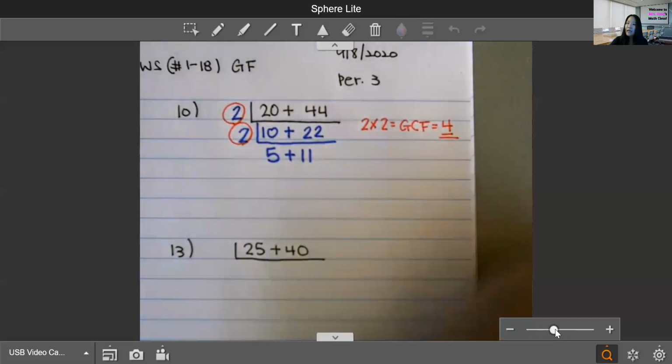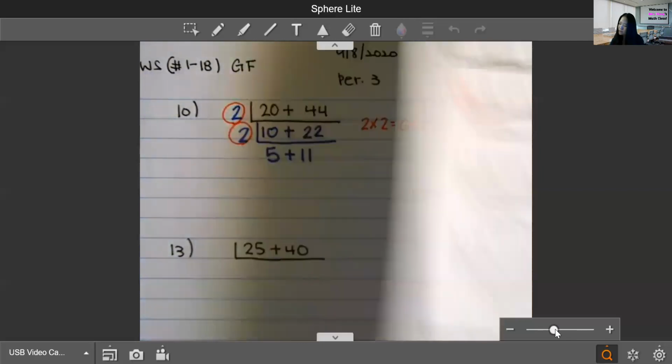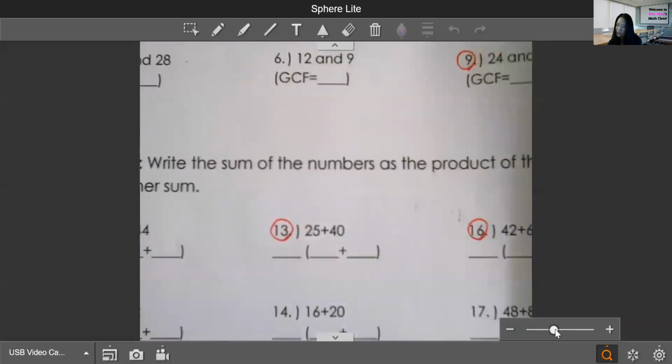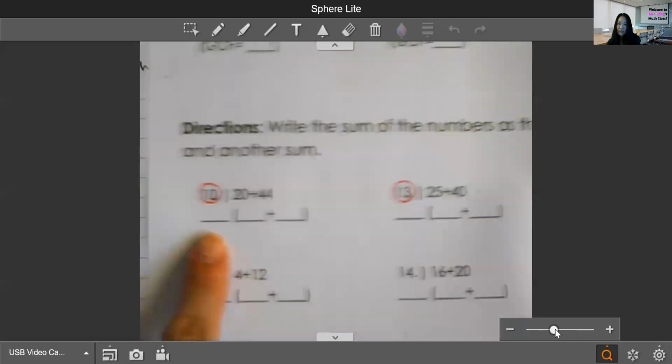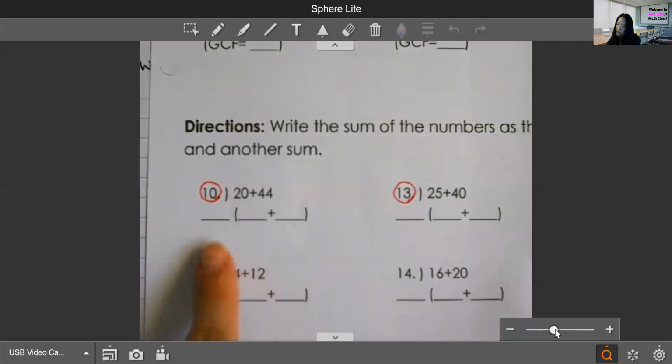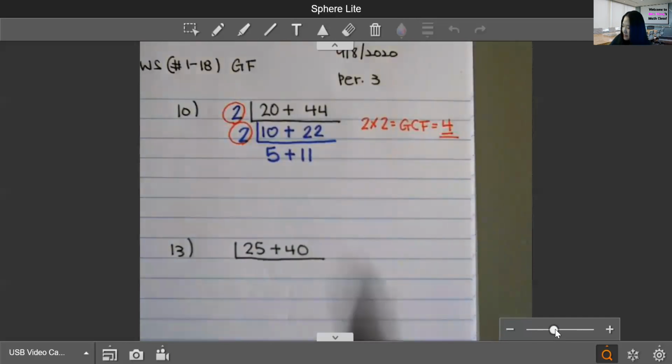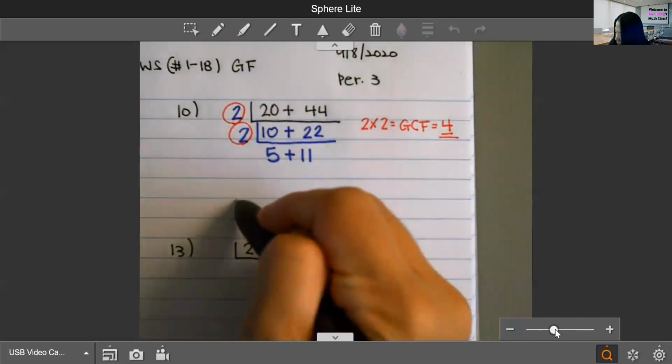Okay, now I know that in the original problem, notice how the answer is going to be written as GCF, the product of the GCF and another sum. So first, before I write the answer, I'm going to copy down this format, so that way I can kind of explain what is going on.